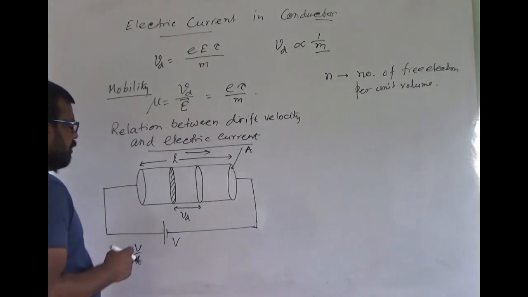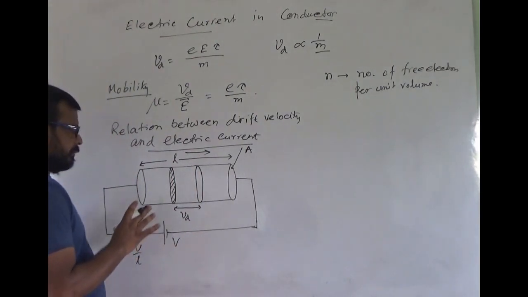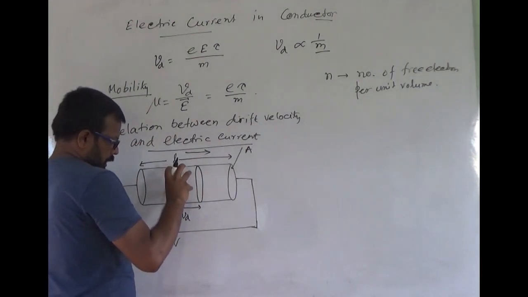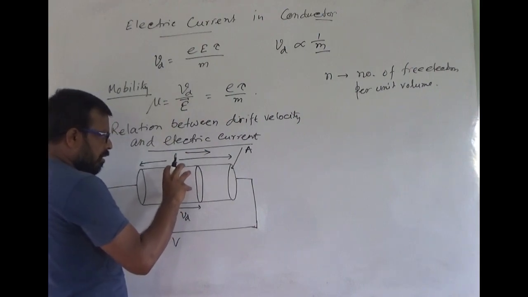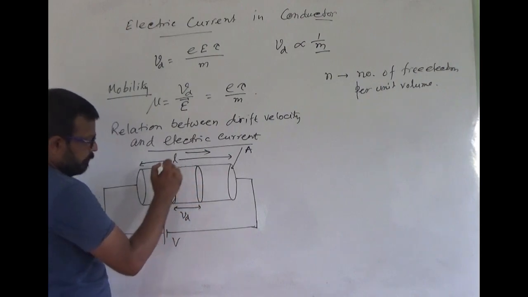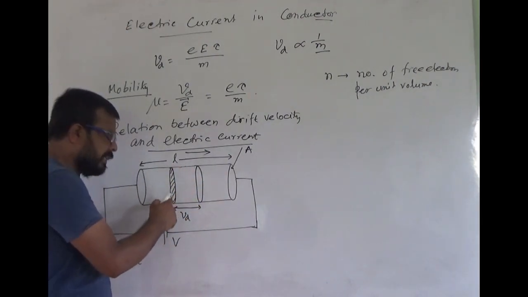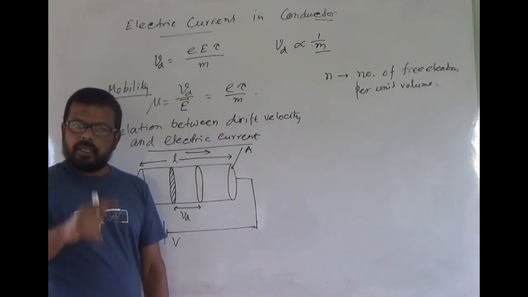Now, can we say that the total number of electrons inside this region will cross this cross-sectional area in 1 second?